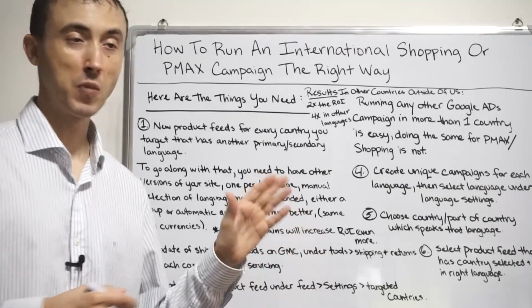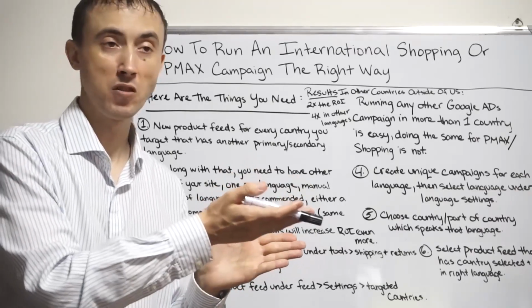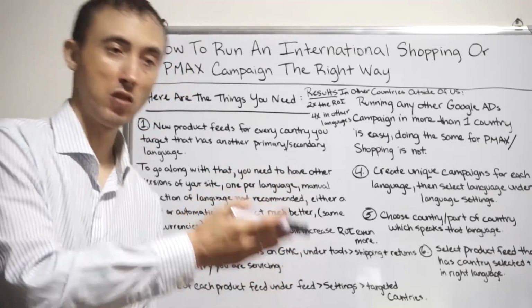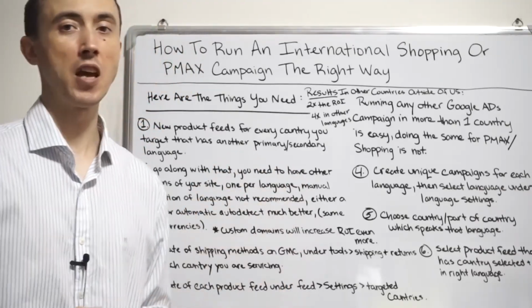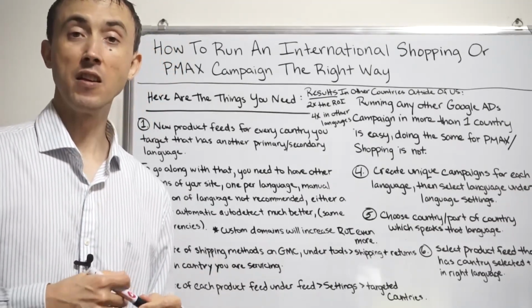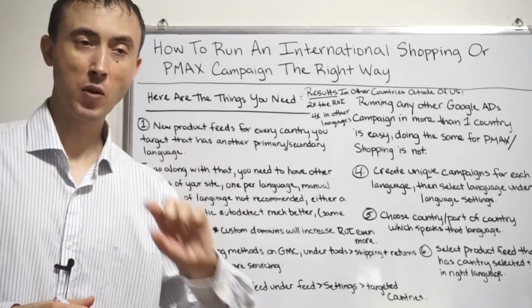Under the language settings, you put that if the person is using XYZ language, it should pull from this campaign. If they use this other language, they should pull from this other campaign. That would be absolutely the way I would set it up, and that's the way you have to set it up.